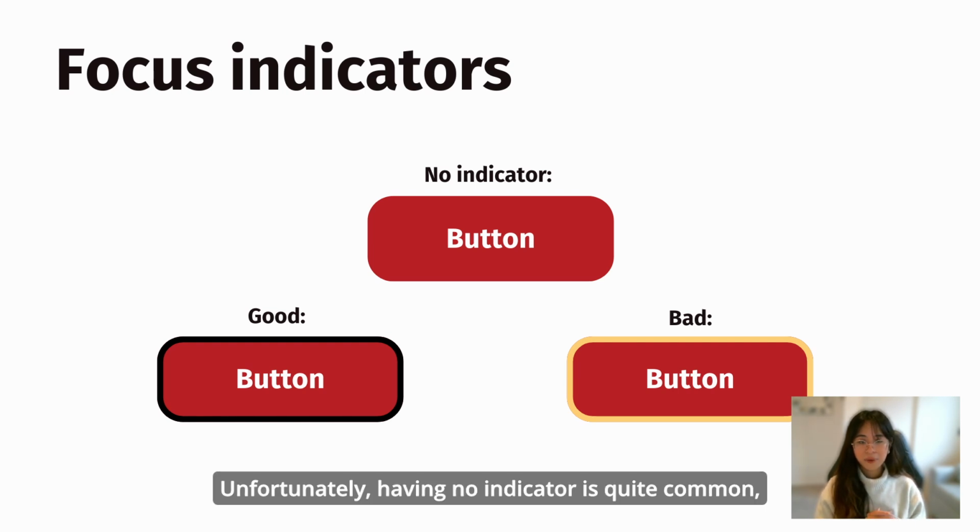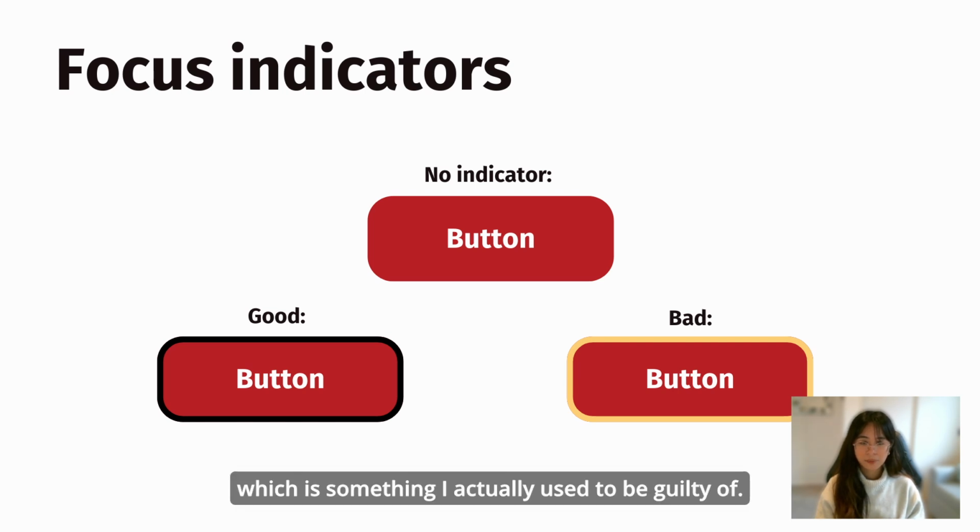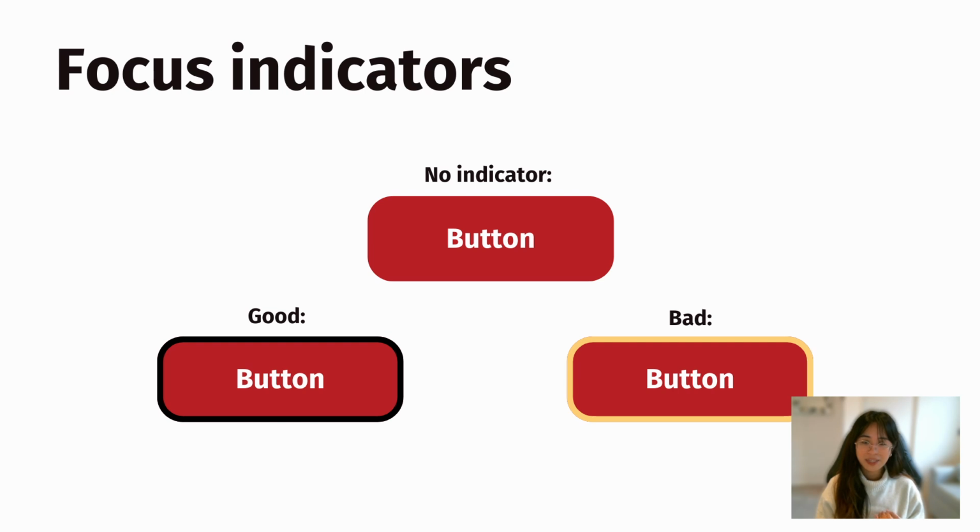Unfortunately, having no indicator is quite common, or at least it's not unheard of, because something that people like to do is add the CSS property outline: none, which is something I actually used to be guilty of.